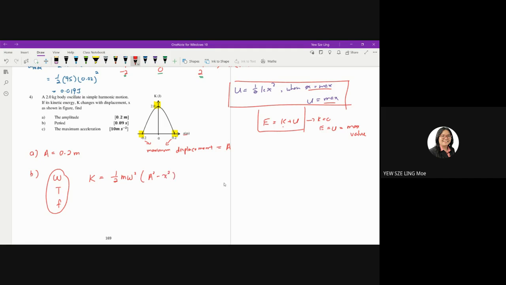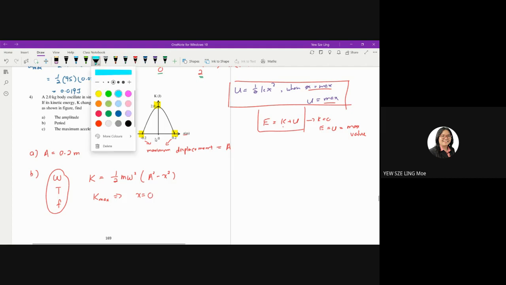When K is at its maximum, x equals 0, which is along the y-axis.